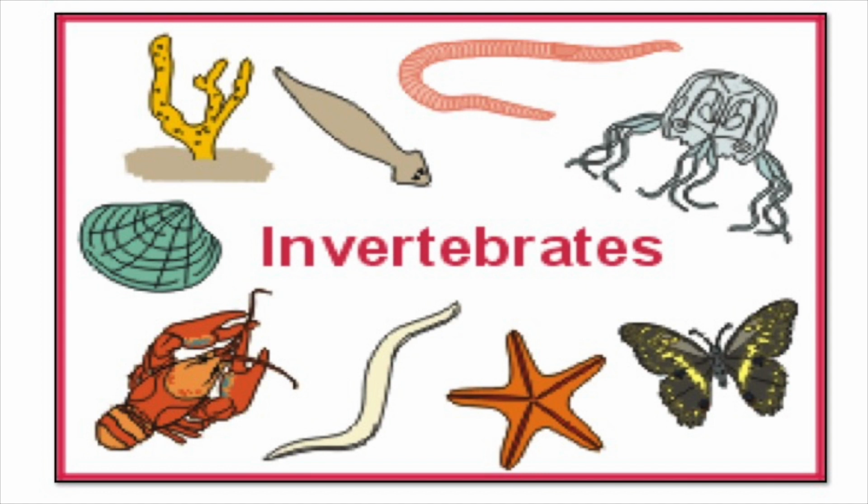And you can see some of the different types here. Here we have crab or lobster. Yes, worm. How about this one? Starfish. Yes, it looks like a star. It's a starfish. What about this animal, guys? You see it flying in the air sometimes. Butterfly. This one?